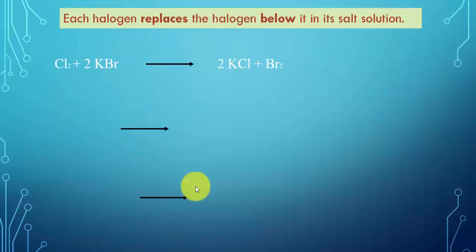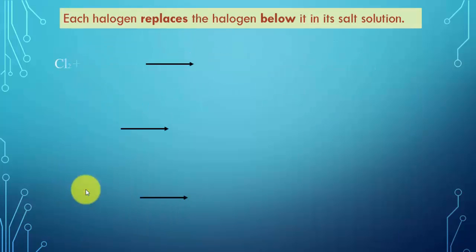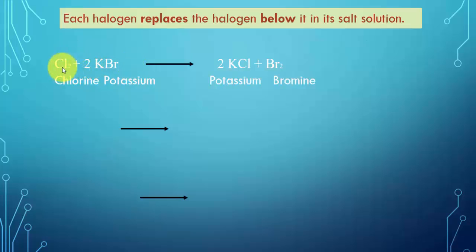When we react chlorine gas with 2KBr solution, we find each halogen replaces the halogen below it in its salt solution. So chlorine is more active than bromine, so it can replace the place of bromine, to give 2KCl plus Br2.